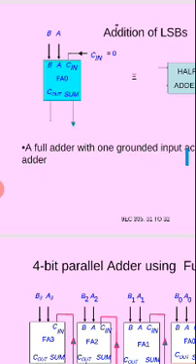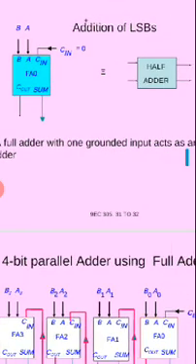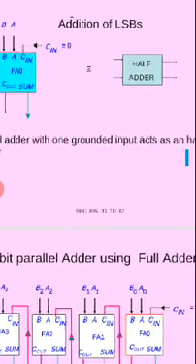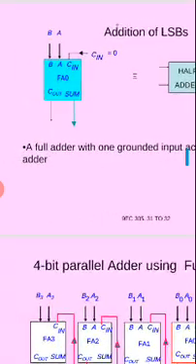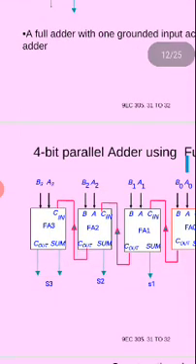A full adder with one grounded input acts as a half adder.